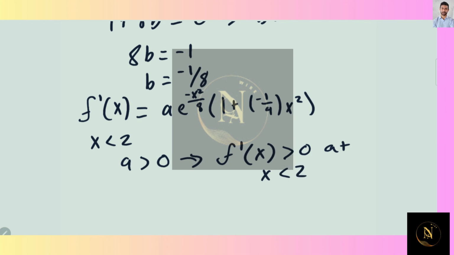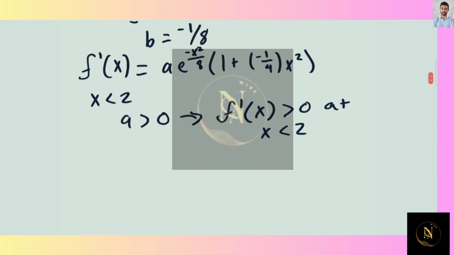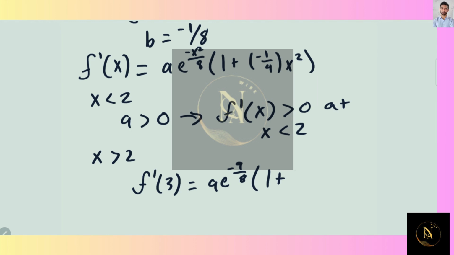That's what we want, since we want to go from positive to negative in order to have an actual maximum. Now if we look at values of x greater than 2, let's say 3, we have a times e^(-9/8) multiplied by 1 plus negative 1/4 times 3 squared, which is negative 9/4.